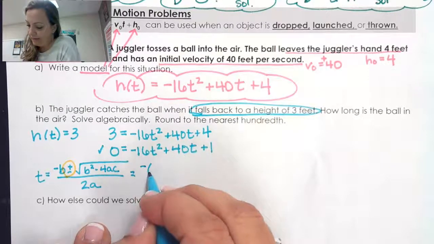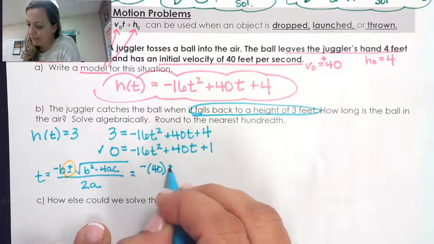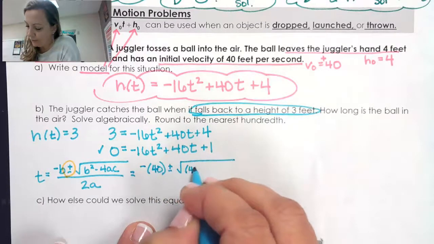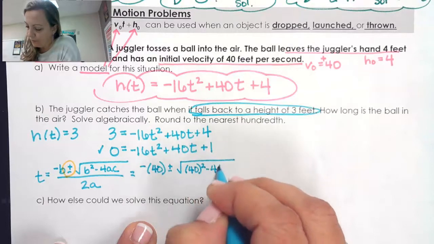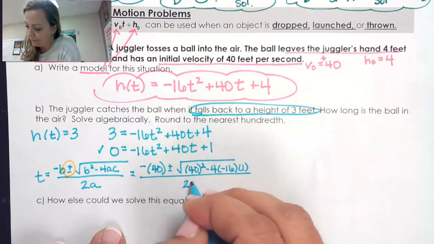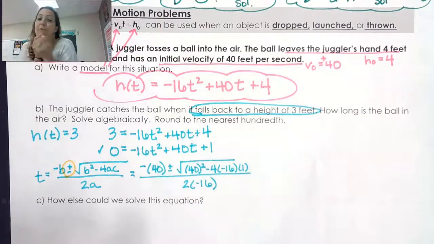So I have -b, so -40, plus or minus the square root of b squared minus 4ac. So 40 squared minus 4 times -16 times 1, all over 2 times -16.